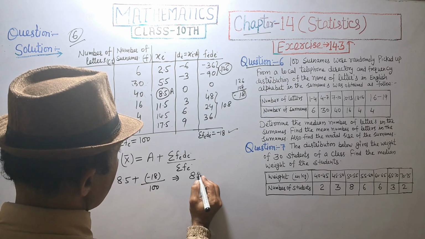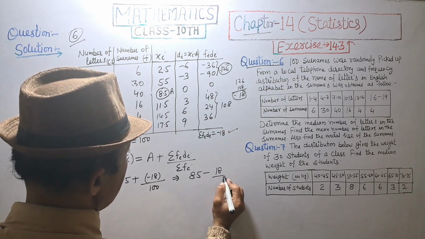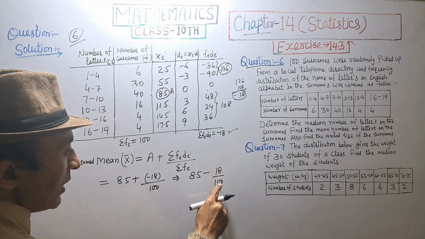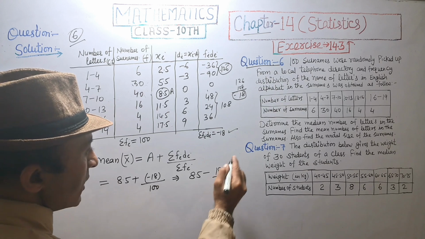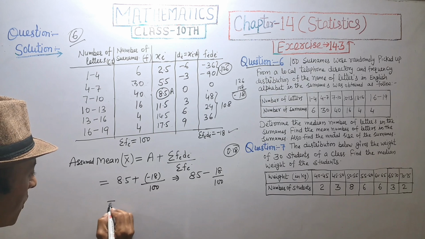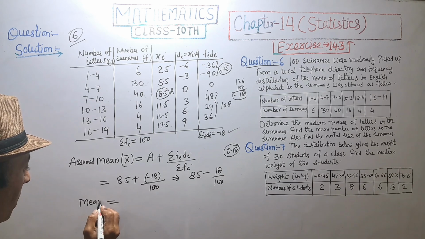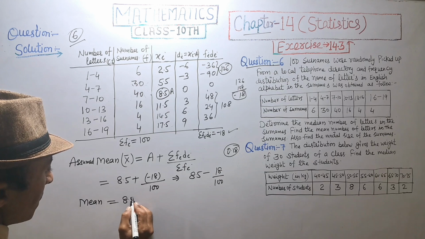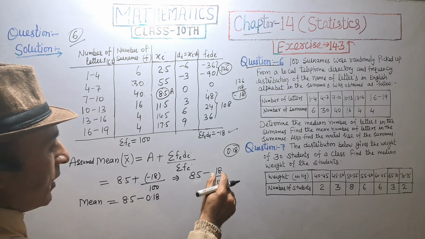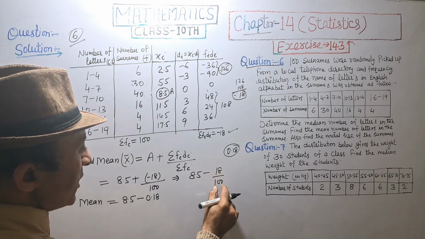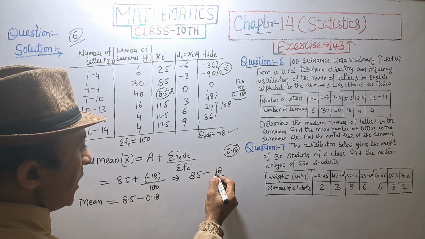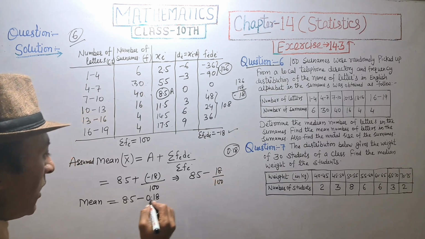This implies 8.5 minus 18 divided by 100, and 18 divided by 100 is 0.18. Mean is equal to 8.5 minus 0.18.